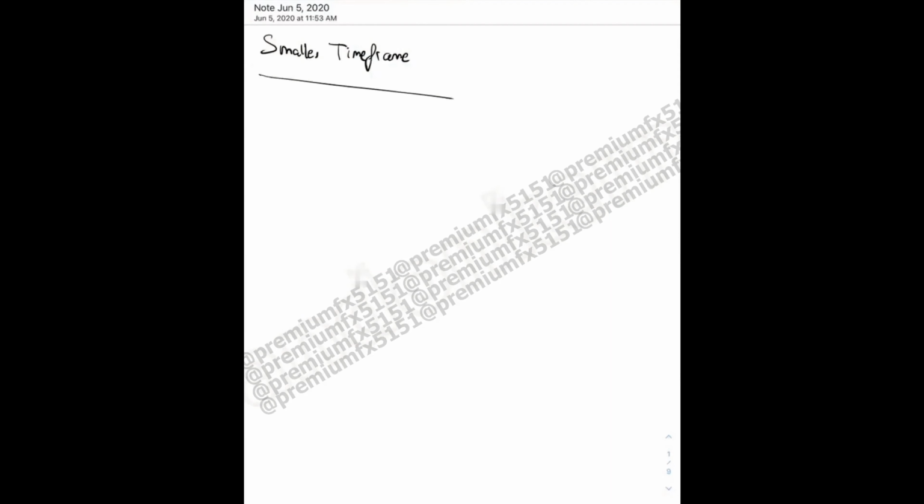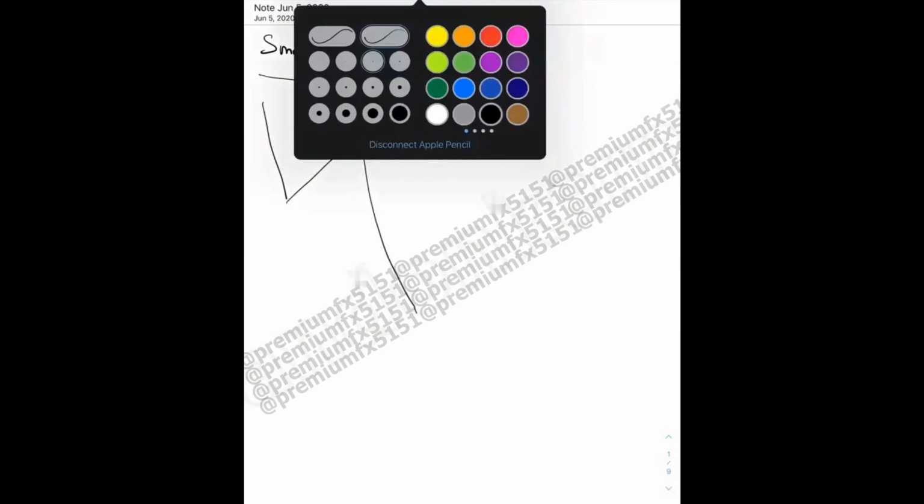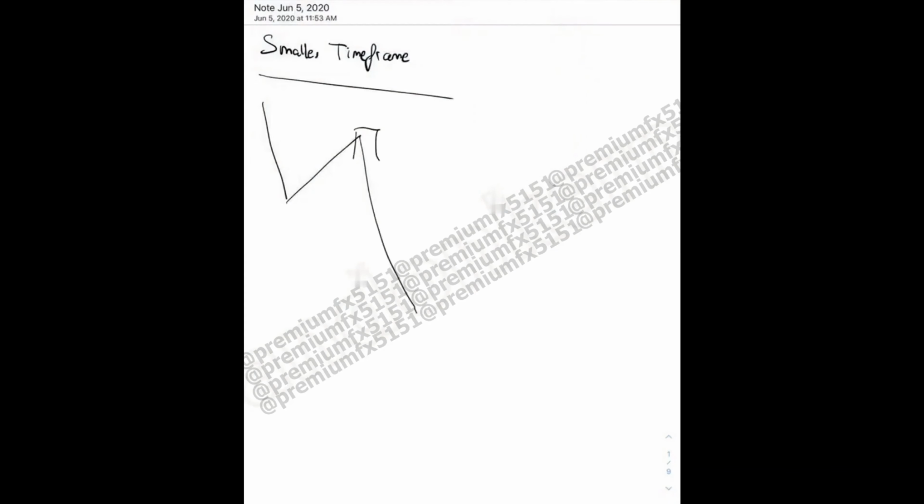Okay, so how are we going to play a smaller time frame? I remember last week people were asking, when we are in a downtrend, let's put the downtrend scenario again. Let's say we have our IFC candle right there, with an imbalance right there.